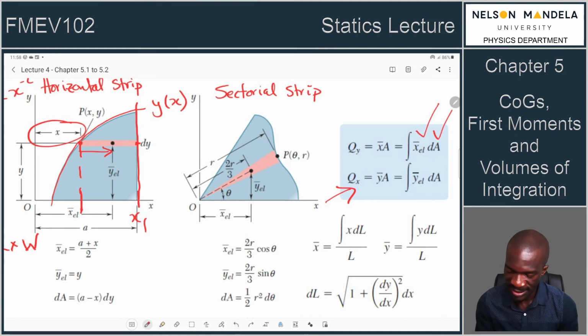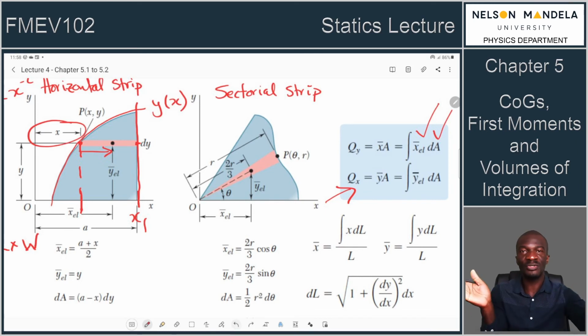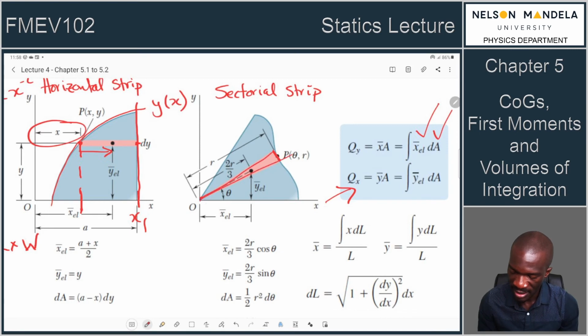So what we just need is a centroidal position, because our x element is a centroidal position. So we know that if you take a sector and you approximate it to the limit where this angle d theta is very, very small, you've got a triangle there. So this triangle actually has a base which is defined by delta S is equal to r d theta.